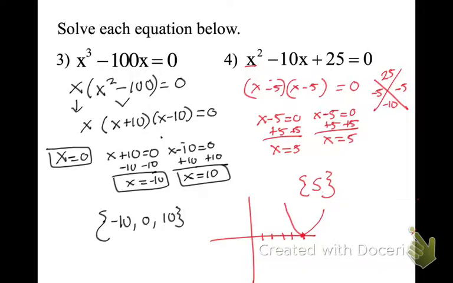This is touching in 3 different places, at 0, at -10, and at +10. It's kind of like a squiggly line through 0, -10, and +10, something like that. So that's what we're finding here on the graph. With the perfect square trinomial, it happens to be where it just touches. They sit on the x-axis.